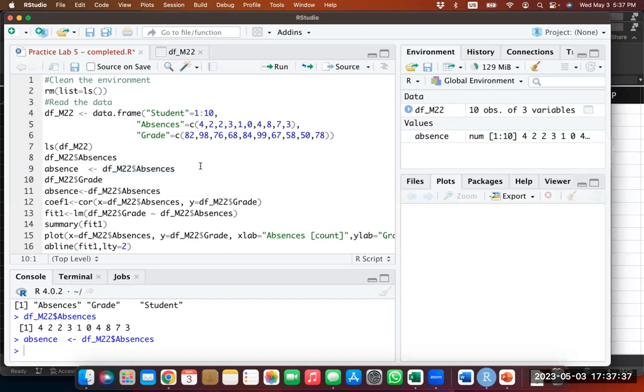If you do the same exercise with grades, you can do this by running line 10. You could transfer this from your data frame in the same format. And I just changed absences to grade.